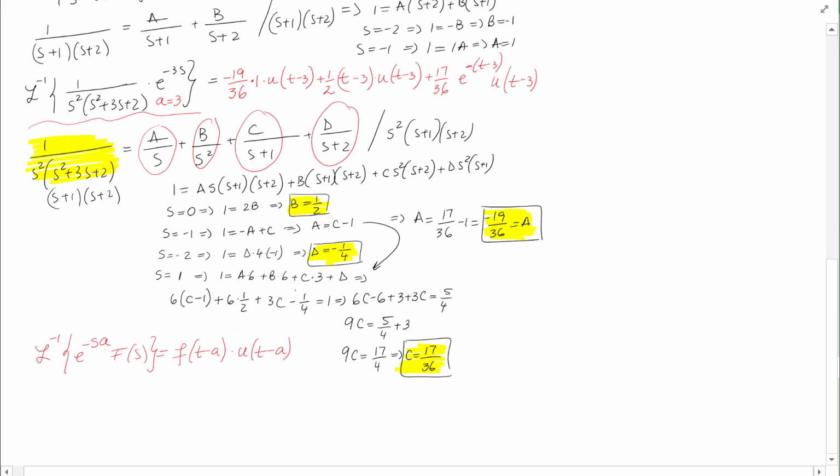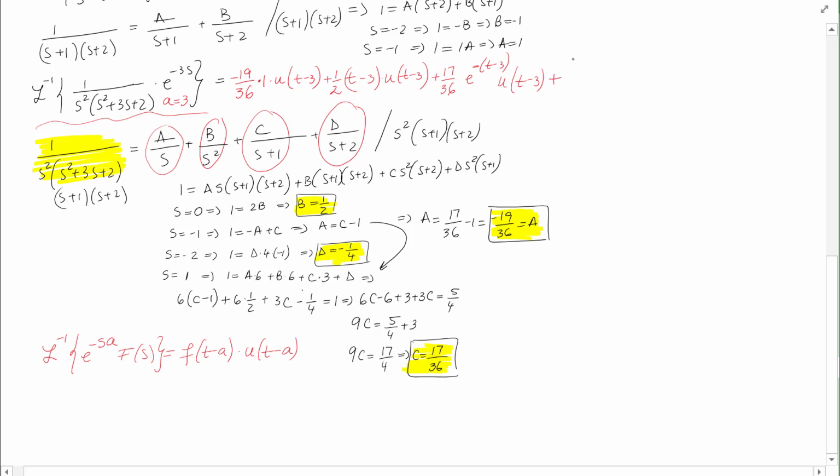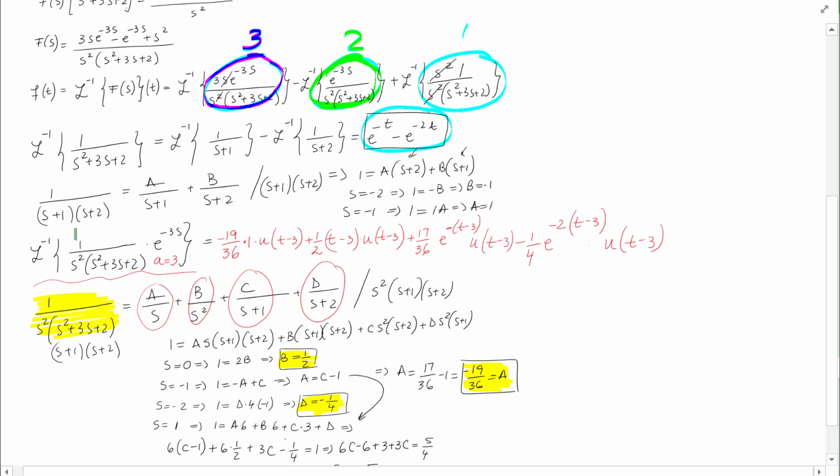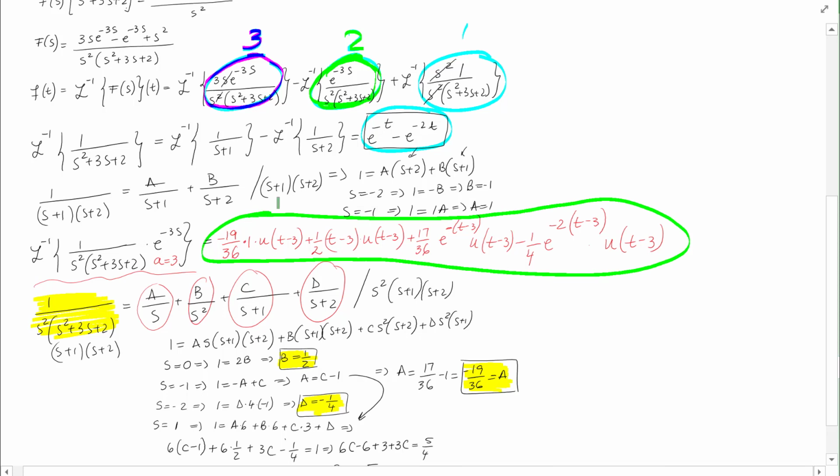And then plus d, which is negative 1/4, so minus 1/4 e to negative 2 times (t minus 3), because we have to shift it, times u of t minus 3. So this is the answer for the second part, which I highlighted in green. So this is the first one and this is the second one.